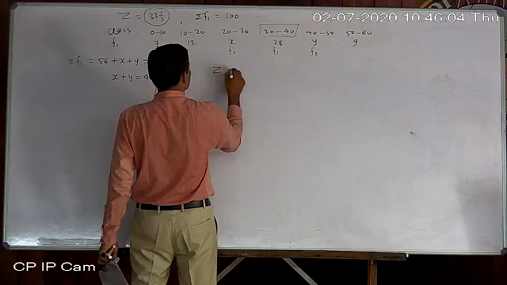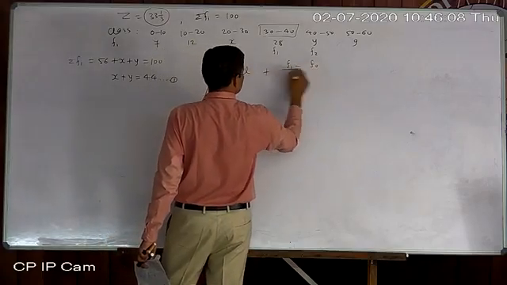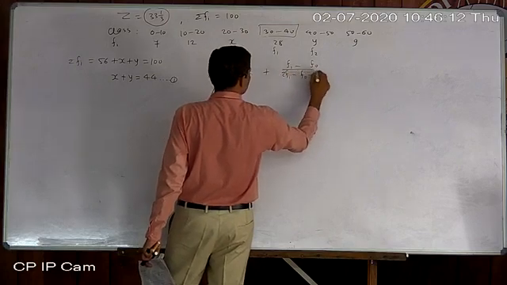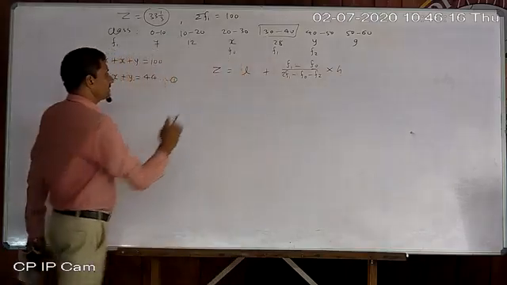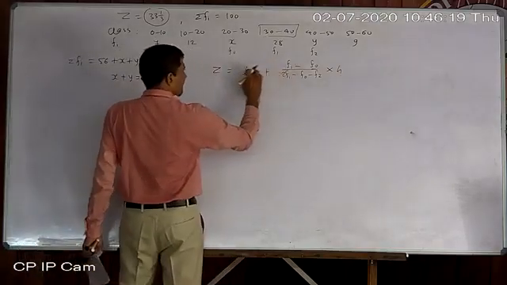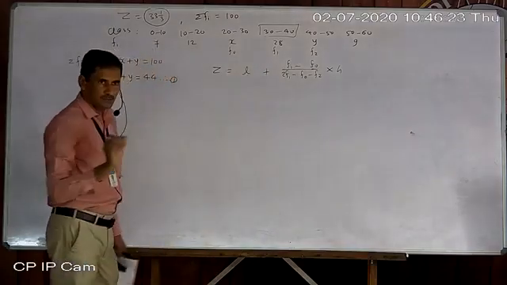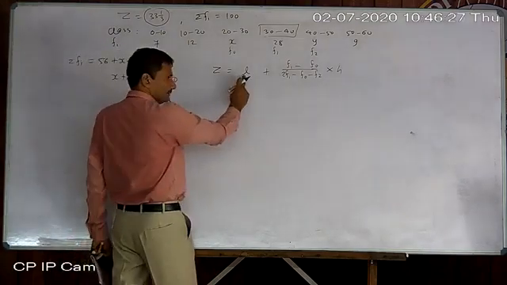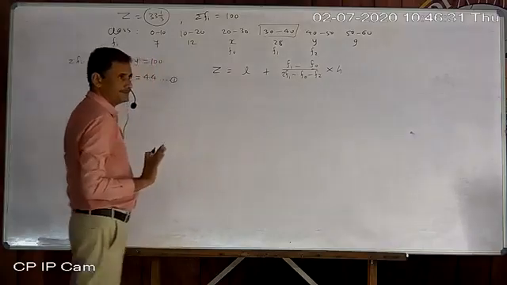Z equal to L plus (f1 minus f0) upon (2f1 minus f0 minus f2) into h. Many students extend this line up to here, so they cover L also in numerator, but keep in mind L is an independent term. Nothing is in denominator of L.